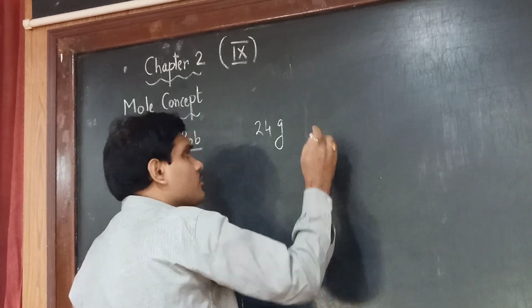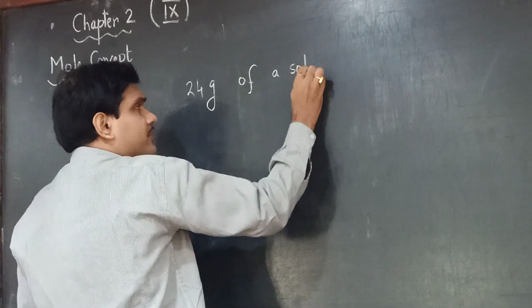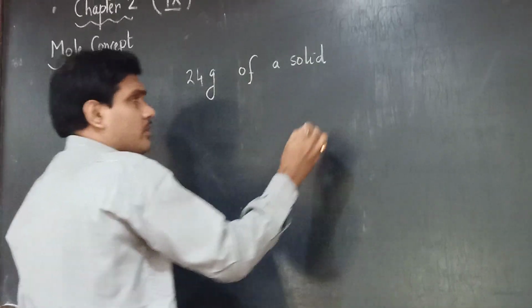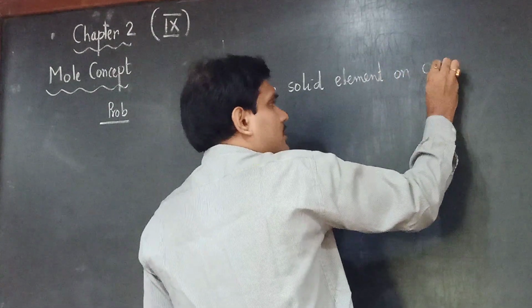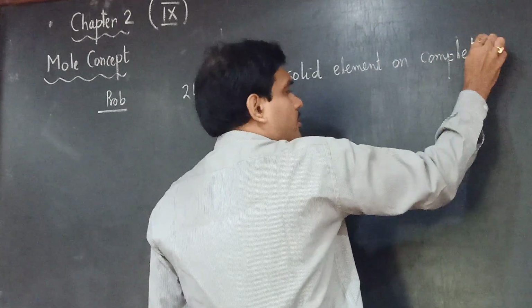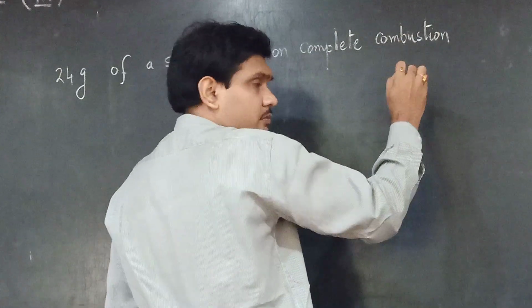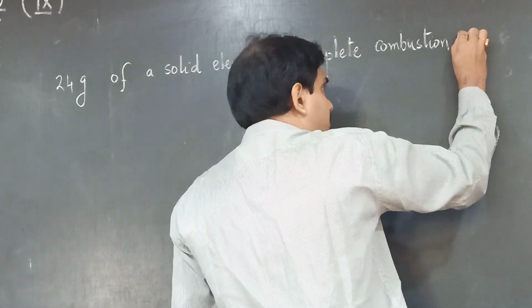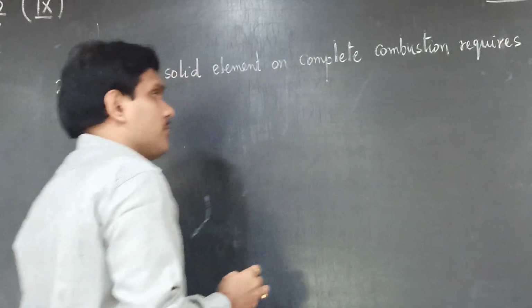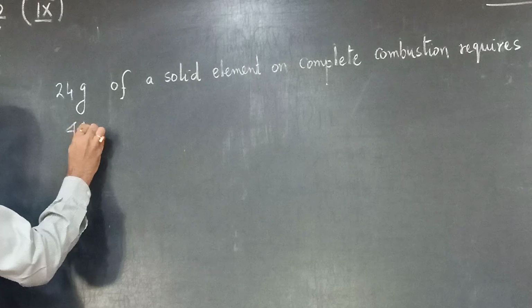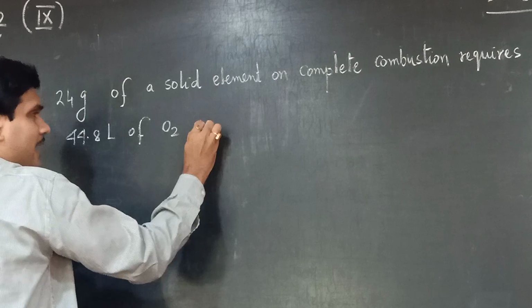Just try to memorize it. 24 gram of a solid element on complete combustion requires 44.8 liters of oxygen at STP.